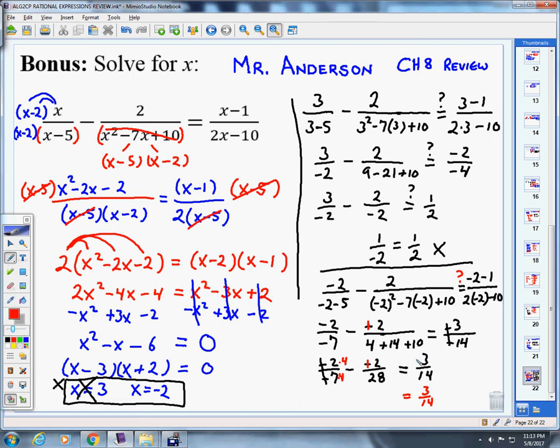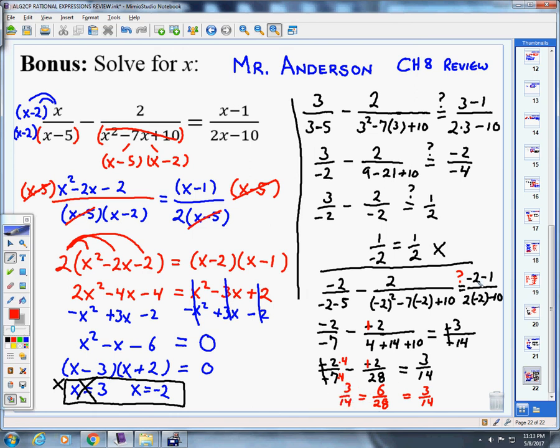Okay, and so this is going to make, I still have this common denominator of 28. So that is 8 minus 2 then makes 6 28ths, which in fact does equal 3 14ths.